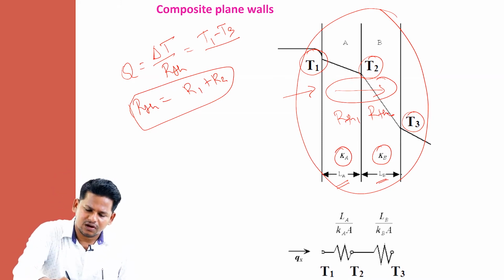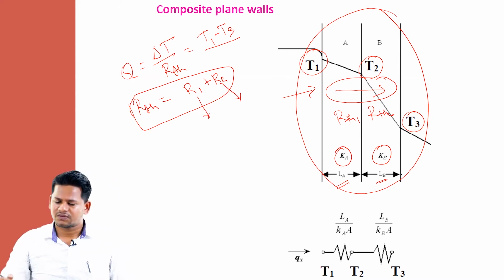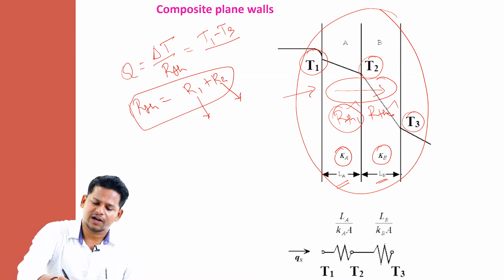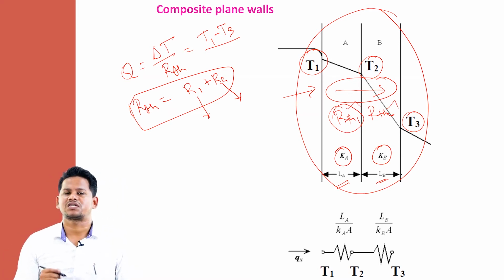Now how to find R1 and R2? We have to find out whether this is conduction or convection. Inside the material the heat transfer is happening due to physical contact, because of atomic vibration. So we can simply call this conduction, and this also conduction. How to find the thermal resistance for conduction?